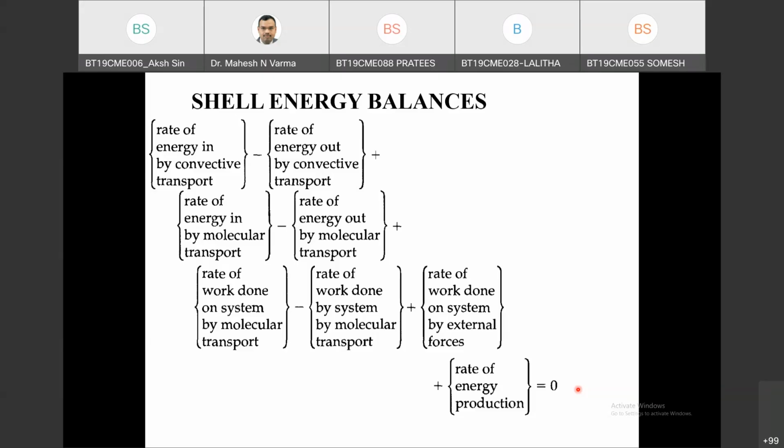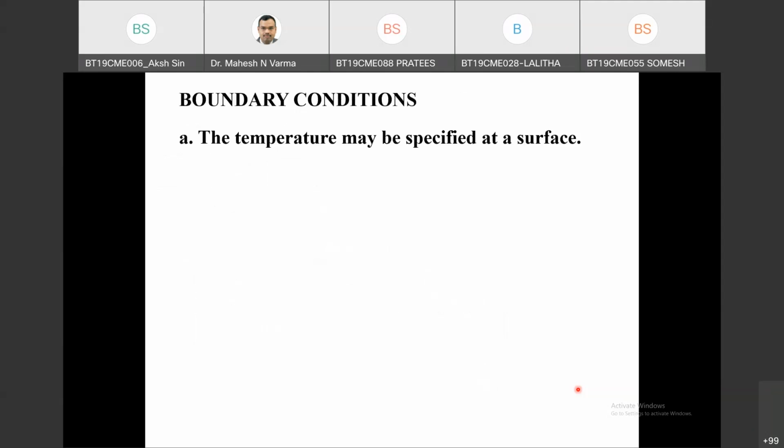Okay. So next is the boundary condition. Now you can see it is logically exactly similar. A temperature may be specified at the surface. So this boundary condition is similar to which boundary condition in momentum transfer? Roll number 1, Abhinav.